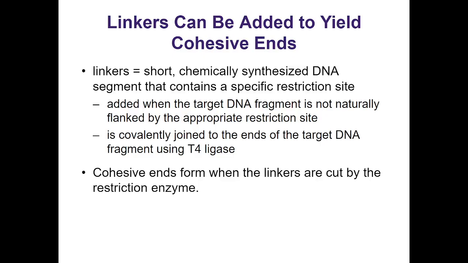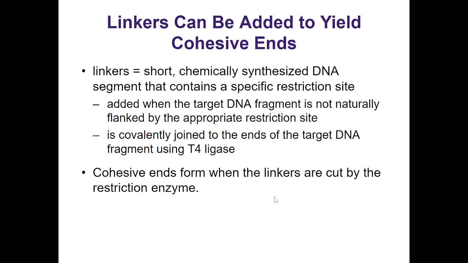Remember that previous method we just talked about where we could synthesize short fragments of DNA that we want? Guess what? That's one of the ways you can get these, right? You can specifically synthesize little 6 member fragments and then use them as linkers, right? Okay. Again, that's the T4 ligase.